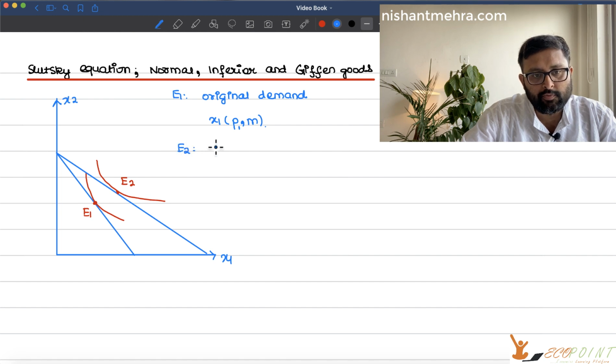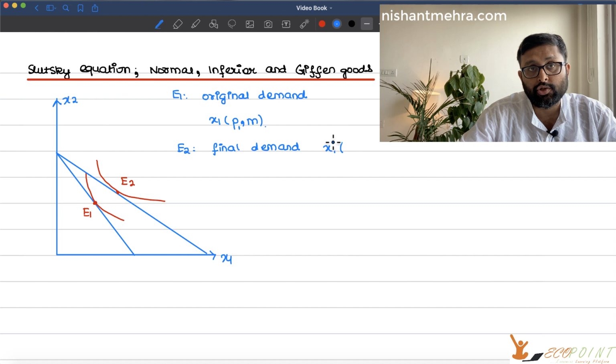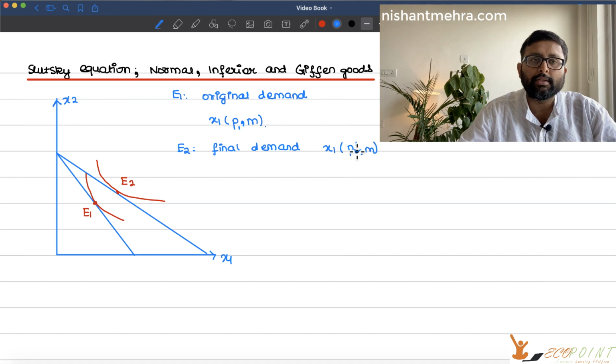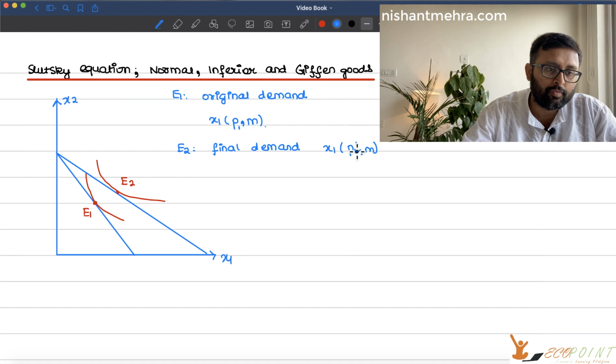E2 is what? Final demand, and how do I write this? Only prices have changed, original income has not changed. In the market also you look at this only. When the price changes, it's not that your money income starts changing.